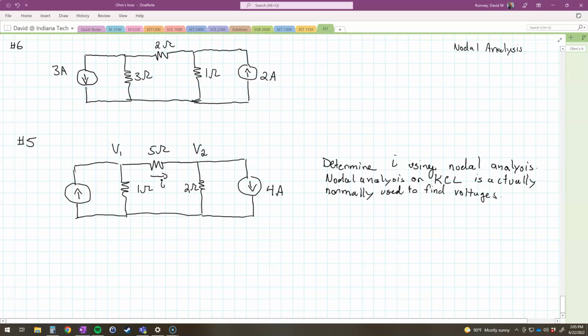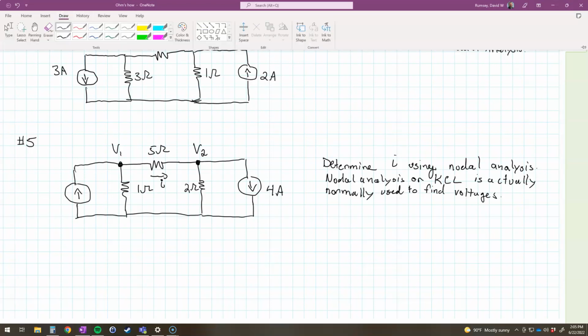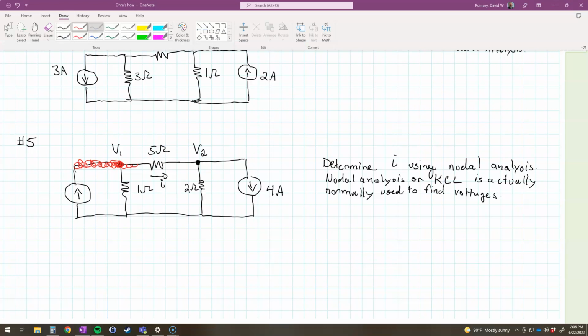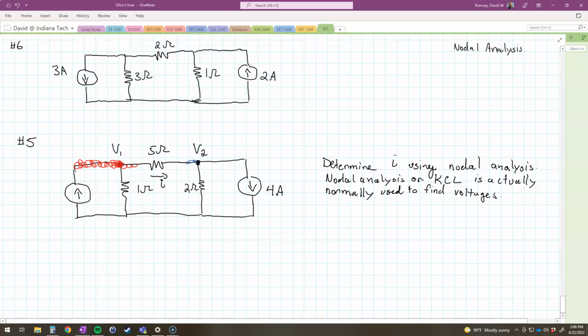So let's look here and see some voltages that are labeled. These were already labeled in the diagram, this V1 and V2. Now I'm putting a circle here, and I'm going to emphasize again that this here is all one node. It's all one node connected because it's just all a wire. And similarly, this that I've labeled here is all one node.